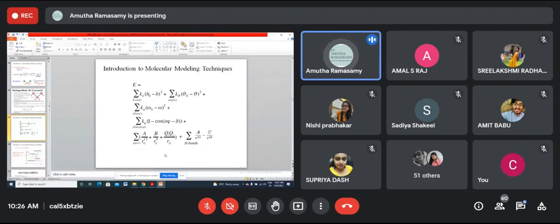Plus so many factors can go in if your system is highly dipolar in nature, or if you are modeling the dielectric distribution. Counterions should be there. So in that case, you will have more components of this energy. But these are the standard components that we take note of under the non-bonded interactions in force field generation.